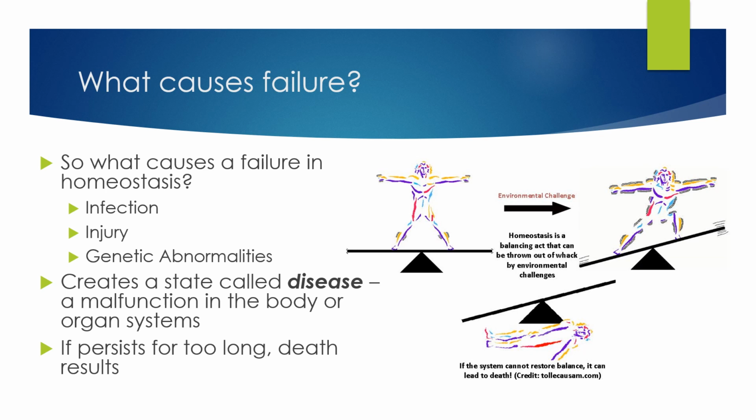So, like we talked about, when you have a failure in homeostasis, we usually call that state disease. Now, what can cause failures in homeostasis? You could have a genetic abnormality, something you're born with, where your body can't produce a chemical properly, such as insulin.